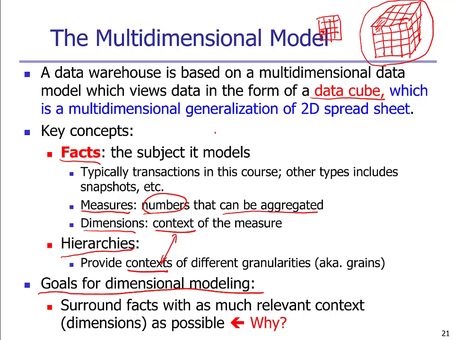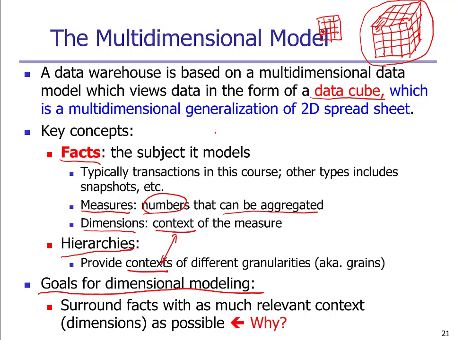So what are hierarchies? For time we have different granularities: the year, the quarter, the month, and perhaps weeks, and then the day. These different granularities help the data cube provide more specific information according to the demands of the end user.